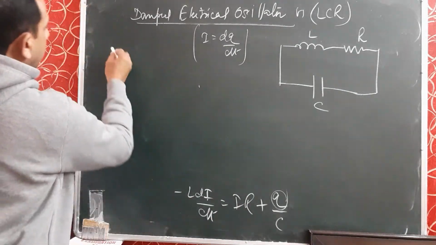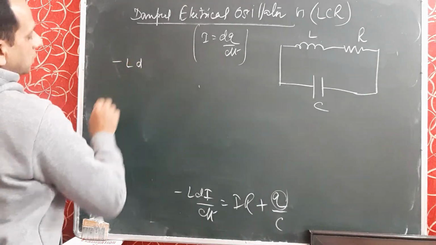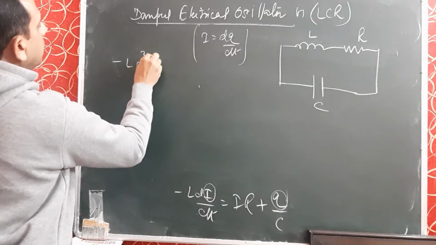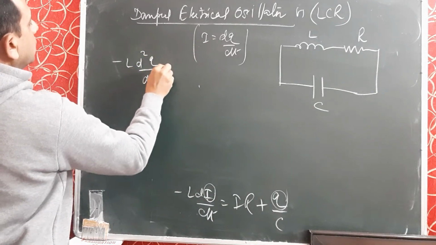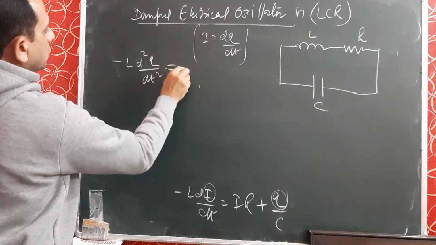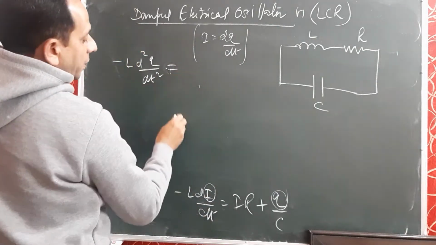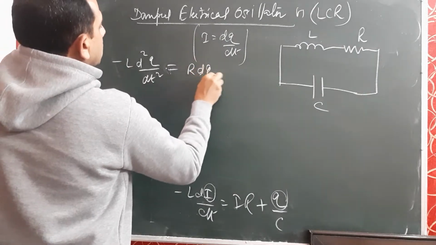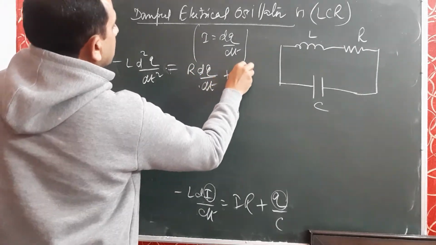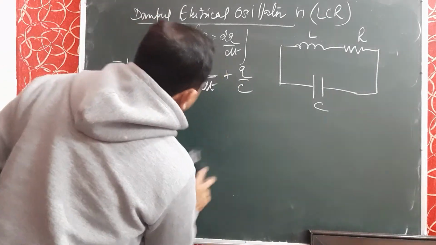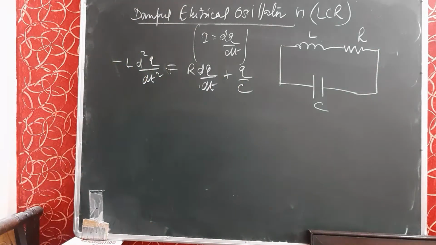Therefore the equation becomes minus L into d by dt of dq by dt, which is d square q upon dt square, is equal to R into dq by dt plus q by C. So this is the total equation in terms of charge and time.